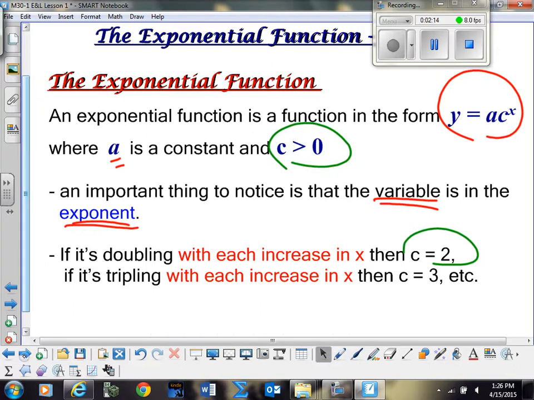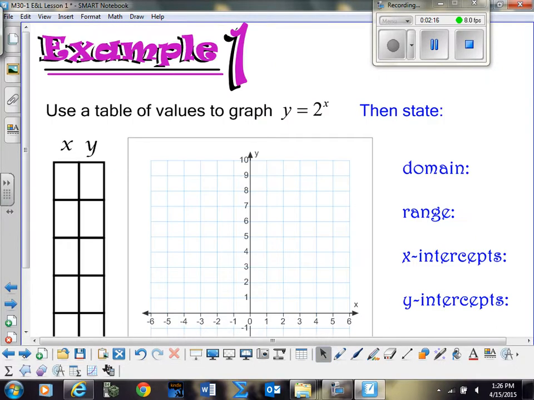So let's graph a simple base 2 exponential function by taking a few values of x and determining what the y values would be. Don't need your calculators yet. So if we choose 0, always an easy value to choose, 2 to the power of 0 is 1. You have to remember a few of your laws of exponents.